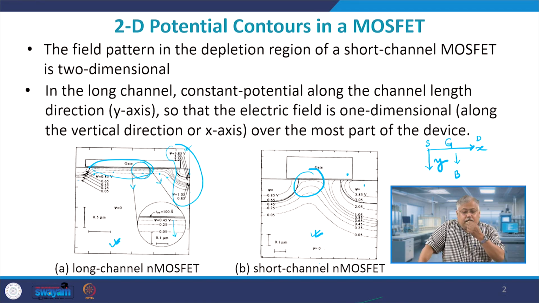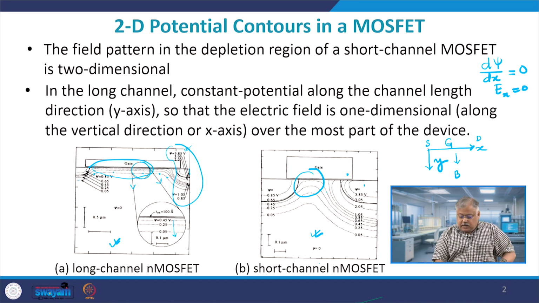When it is straight, it basically means that d psi dx is almost equal to 0, which means that my electric field in the x direction is 0 when my VDS is very small or my channel length is very large. However, in the right figure, because of the short channel effect, they are not constant, they are varying, and therefore there will be an electric field available to you.